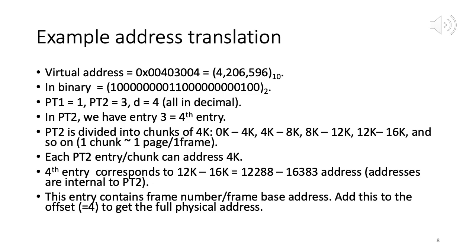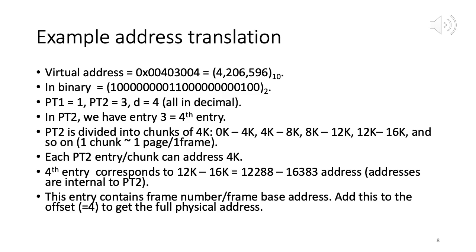We saw that calculation just now. And in each inner level page table, how many entries do we have? 2 raised to 10. So each entry can address, very simply, one page, 4K. That's the calculation we're using. Each entry can address 4K, or one page, one frame.